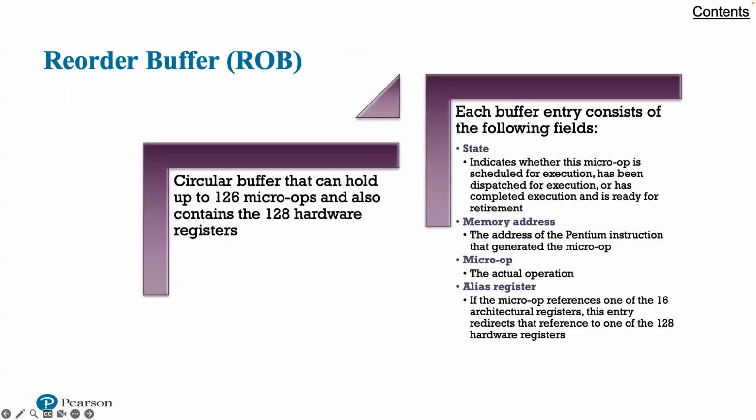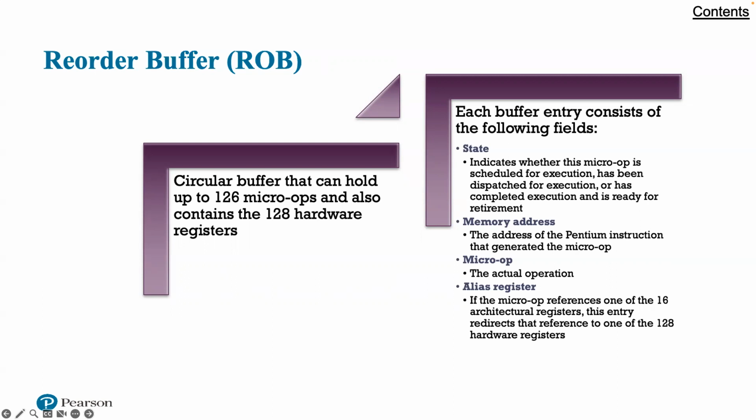So let's talk a little bit more about the ROB, the reorder buffer. The ROB is a circular buffer that can hold up to 128 micro-ops and also contains the 128 hardware registers. Each buffer entry consists of the following fields. State: it indicates whether the micro-op is scheduled for execution, has been dispatched for execution, or has completed execution and is ready for retirement.